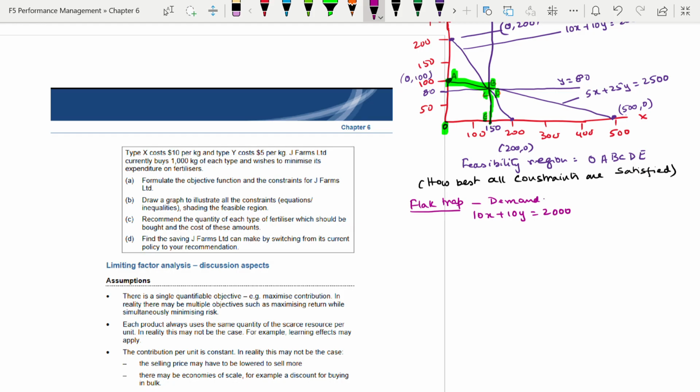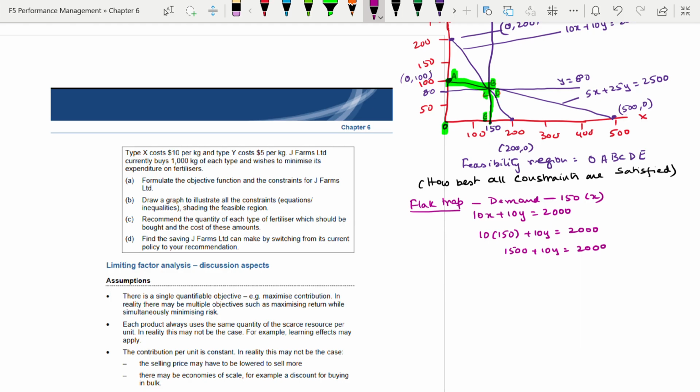When demand is x, it is 10 into 150 plus 10y equal to 2000. That is 1500 plus 10y equal to 2000.